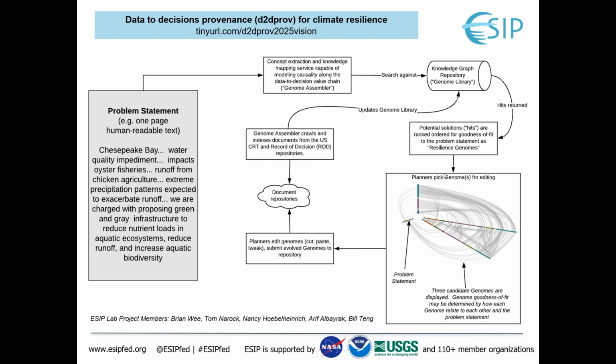And the machine says, look, in this graph that I'm showing on the screen, here are three candidate end-to-end data to decision solutions. And this is how these three solutions map to each other, and this is how these three solutions map to your problem statement, so that you are able to see and judge for yourself which of these solutions match closest to a Chesapeake Bay situation.